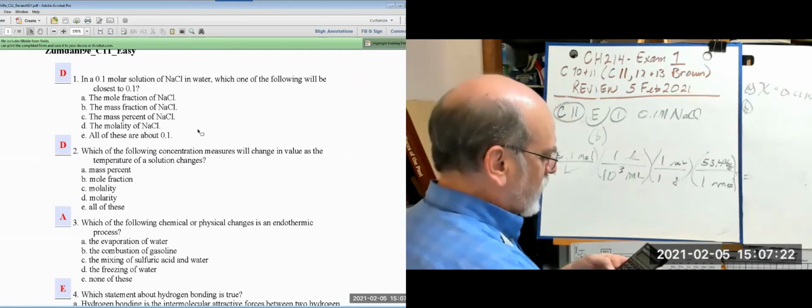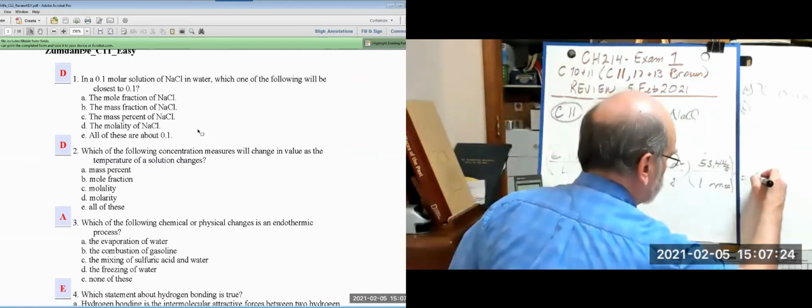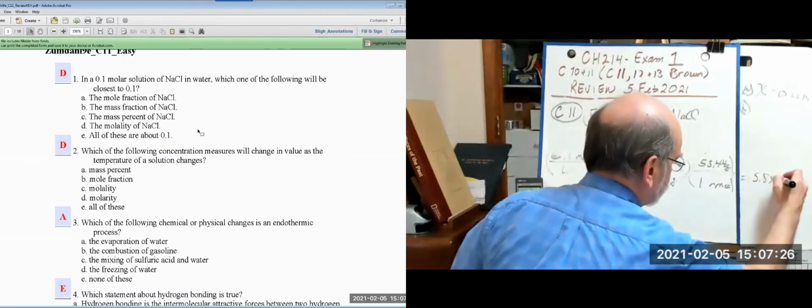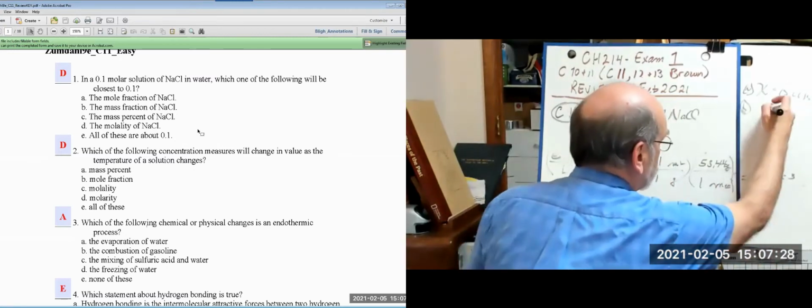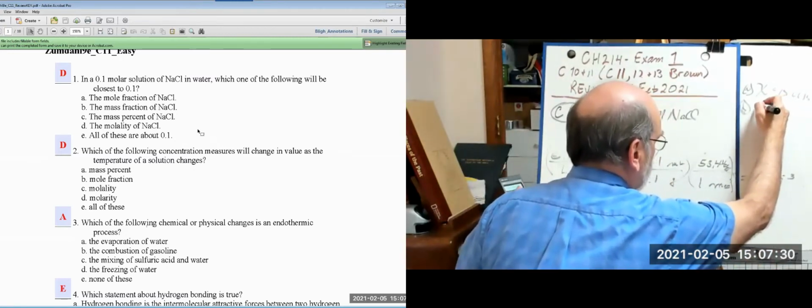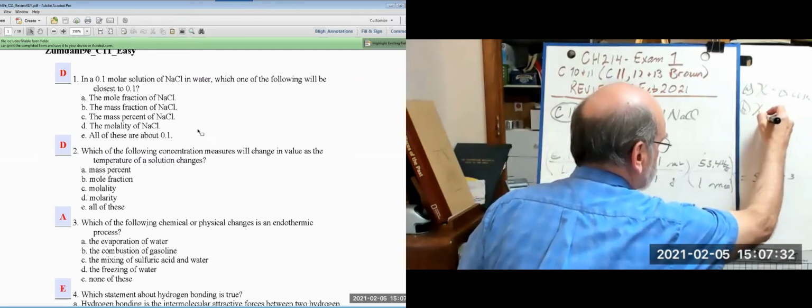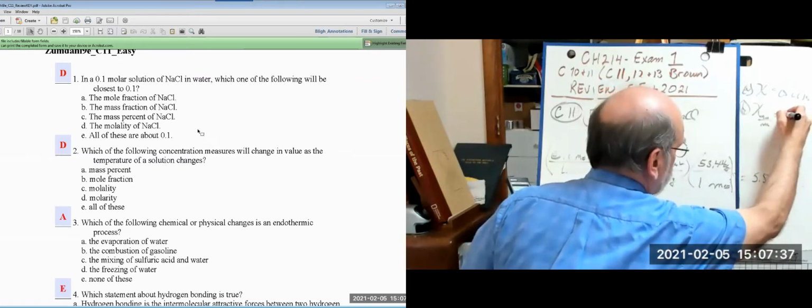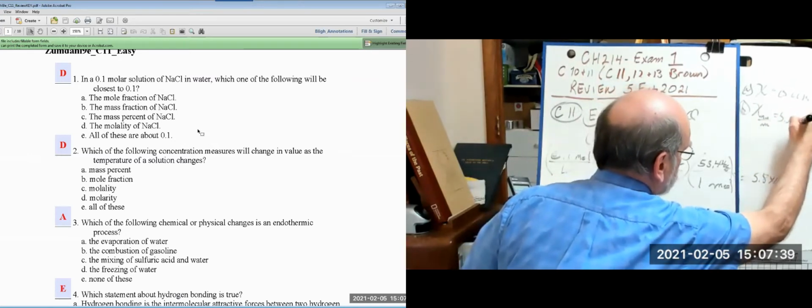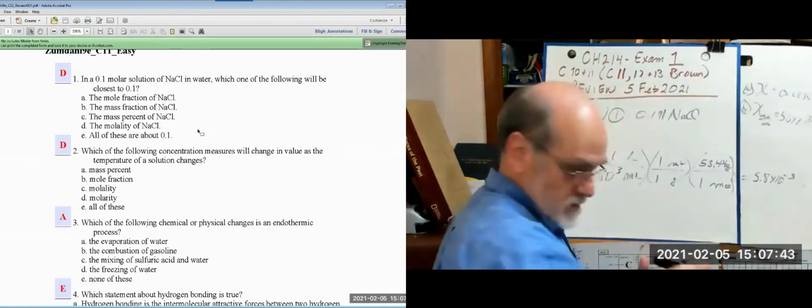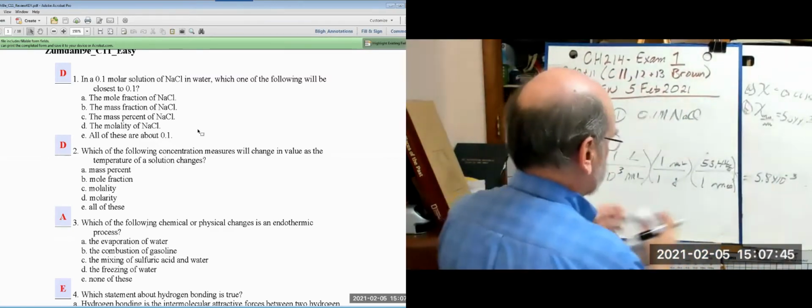So I get 5.8 times 10 to the minus third. So the mass fraction is 5.8 times 10 to the minus third. There we go. That doesn't work either.